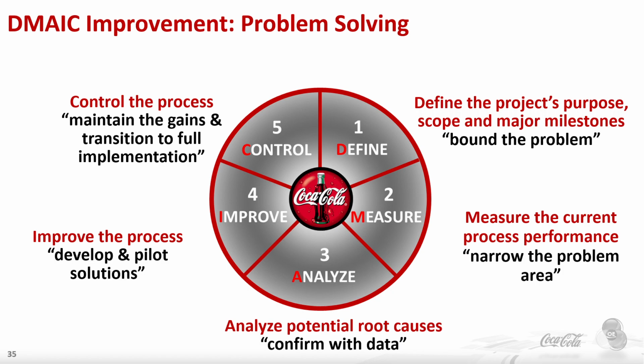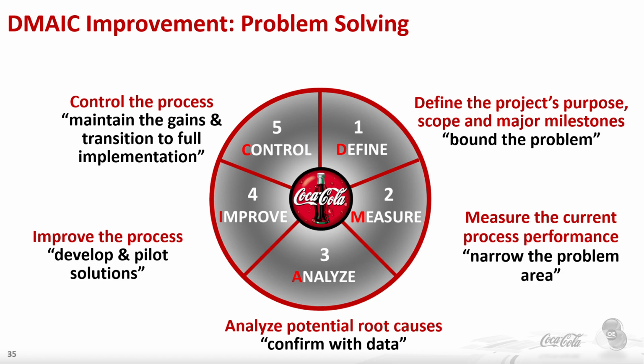In improve phase, we develop and pilot solutions for these root causes that are valid and identified, and in this way we make a complete plan to improve that process for those identified root causes.